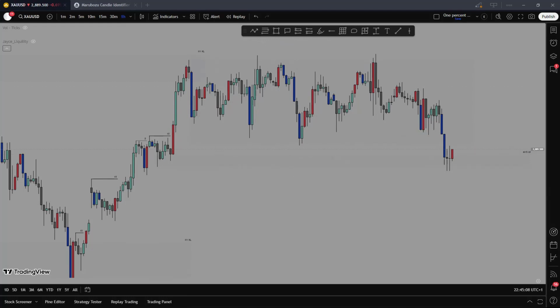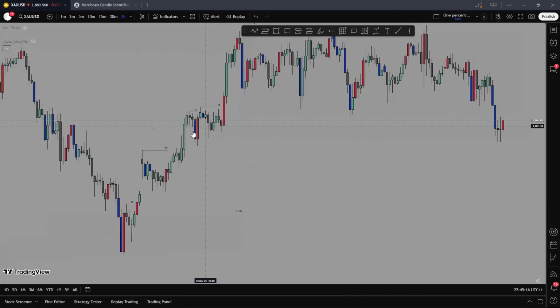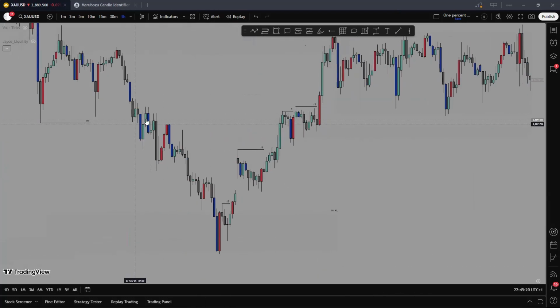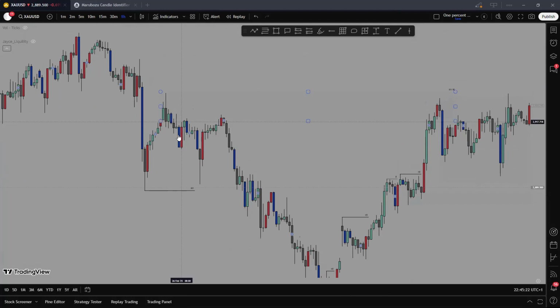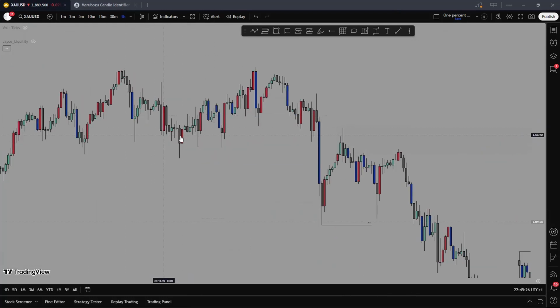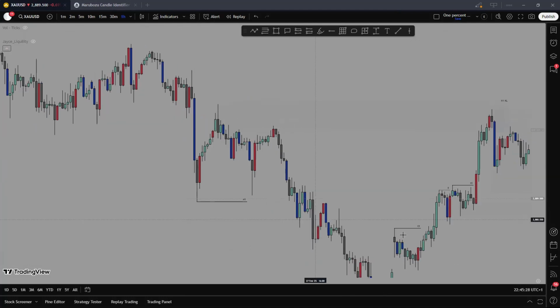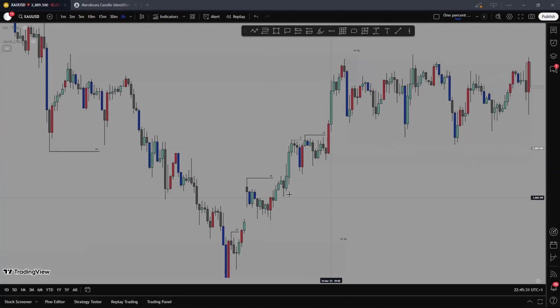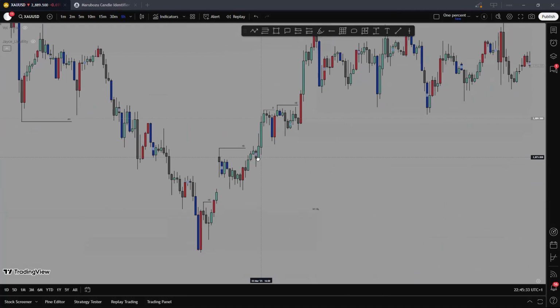So I'm talking about ranges today and how to actually see them. And there are different types. This is a very big range, but there are small ranges as well. This is a range in the 1 hour time frame. This is a range as well. This is a range. So there are a lot of ranges in the market that you need to be able to spot early because most times people mistake a range for a pullback.